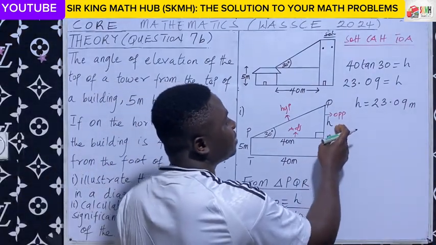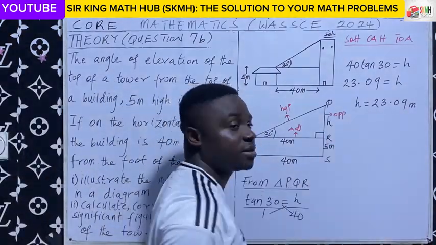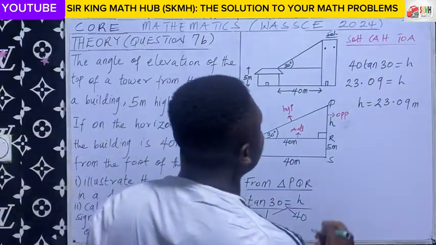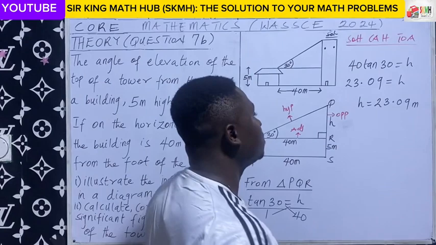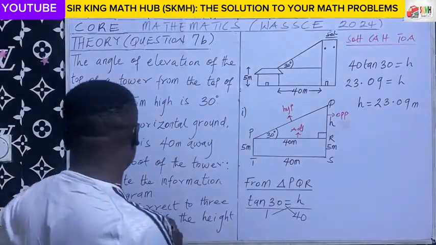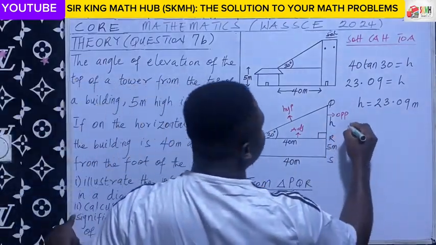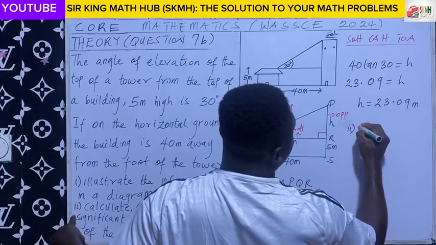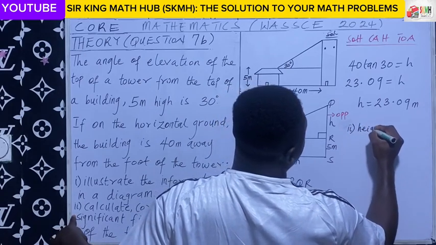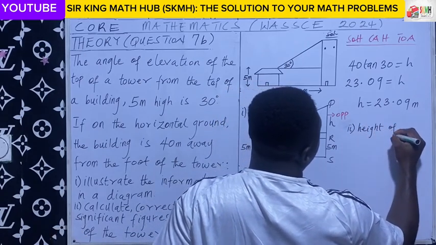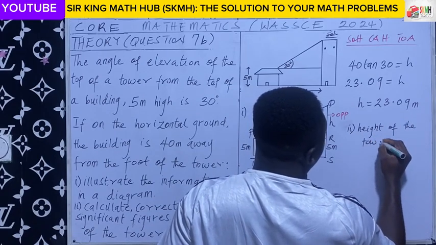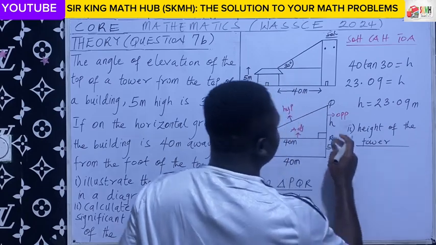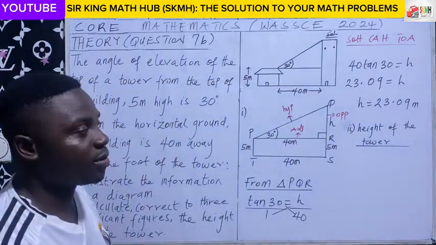So H is 23.09 meters. So we know H as 23.09 meters. But for II, we have to calculate the full height of the tower.